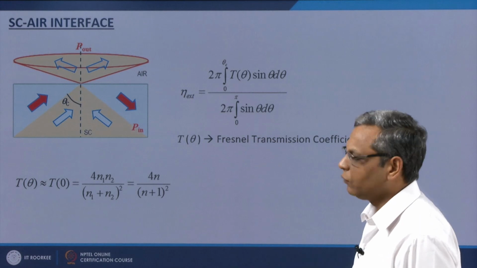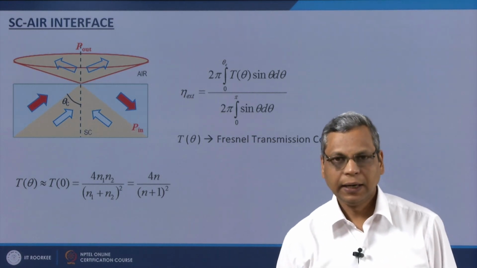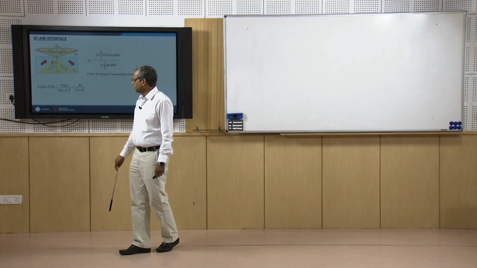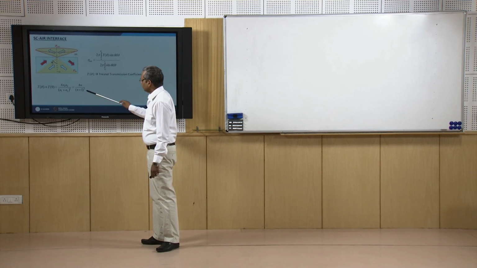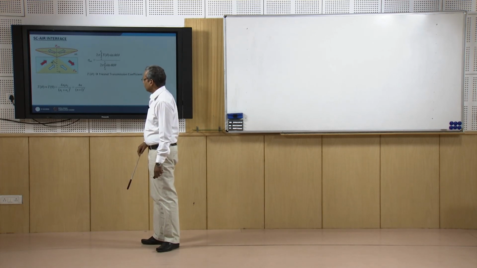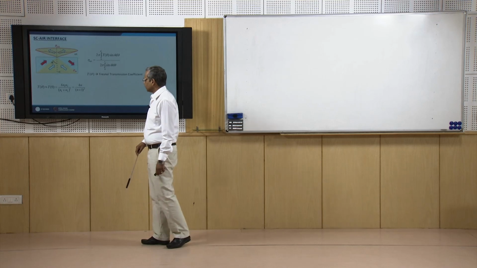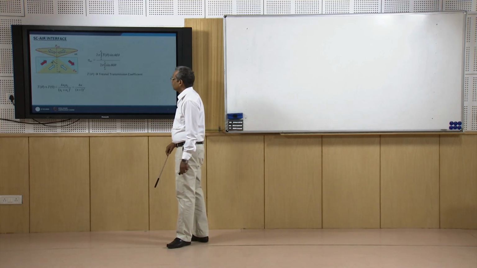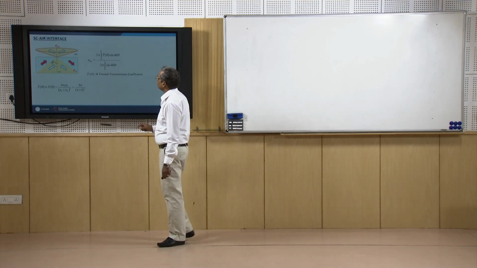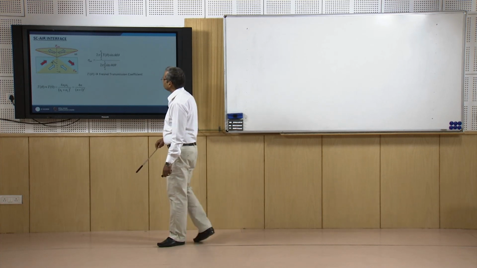So, you can put n1 equal to n and n2 equal to 1, and you simply get the Fresnel transmission coefficient as 4n over (n plus 1) squared. So, you can put it here and integrate it.